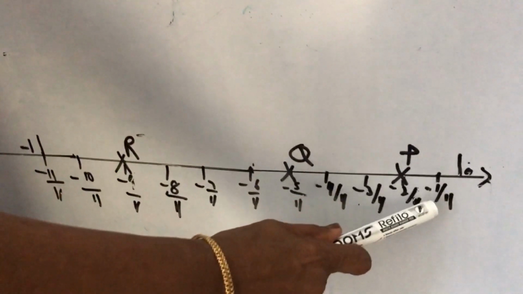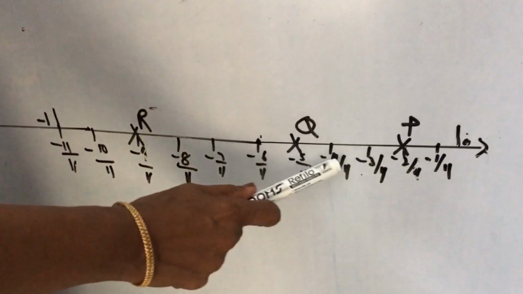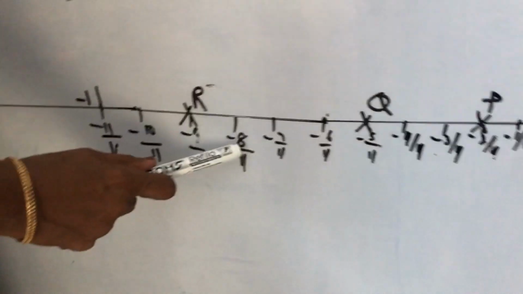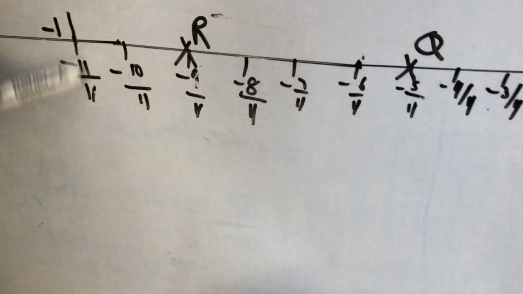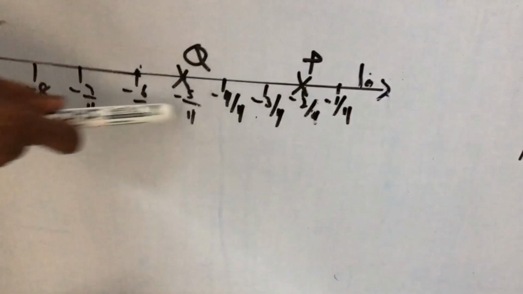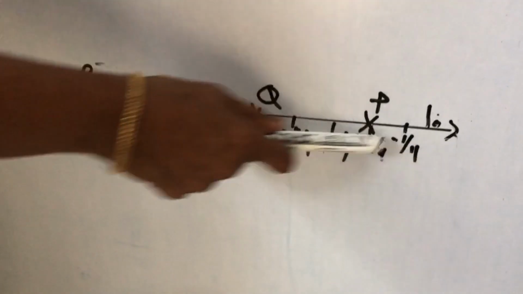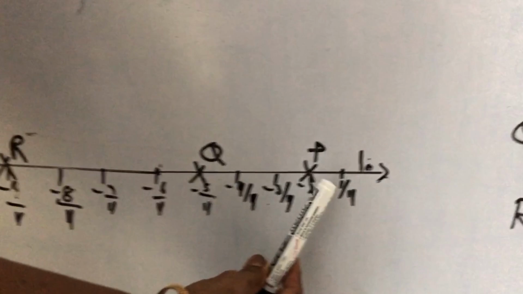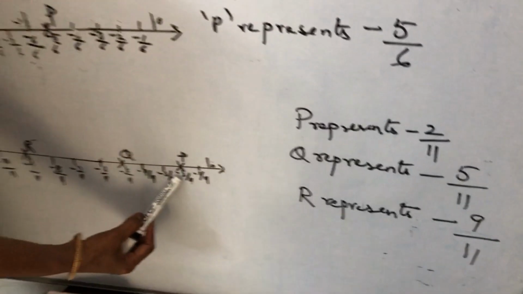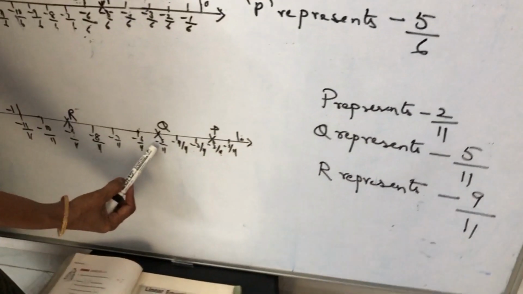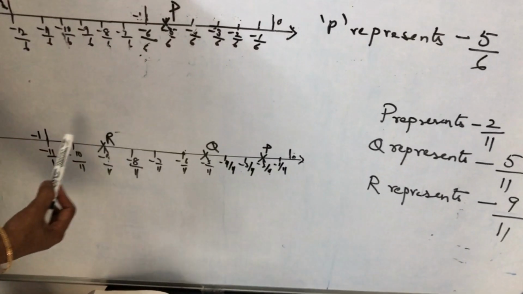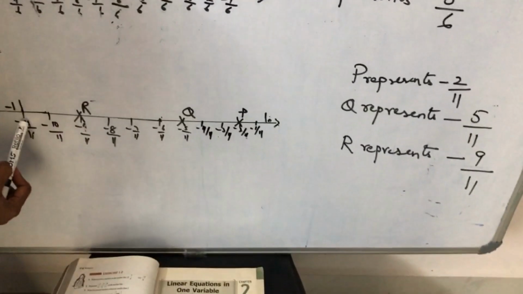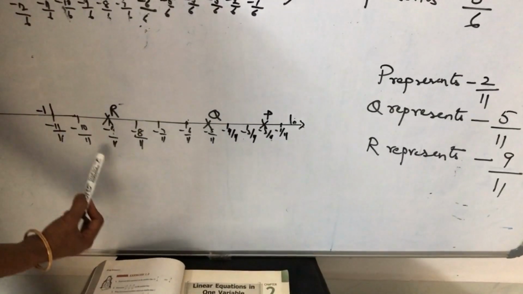Start from 0. 1, 2, 3, 4, 5, 6, 7, 8, 9, 10, 11. So we have divided 1 unit length into 11 parts and plotted the points we require. The first one is minus 2 by 11, second one is minus 5 by 11 and the third one is minus 9 by 11.